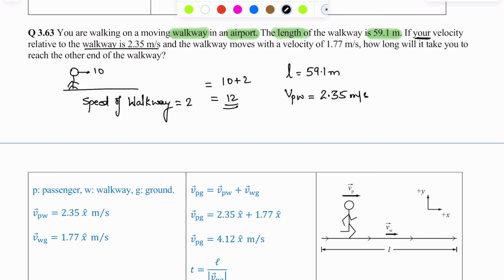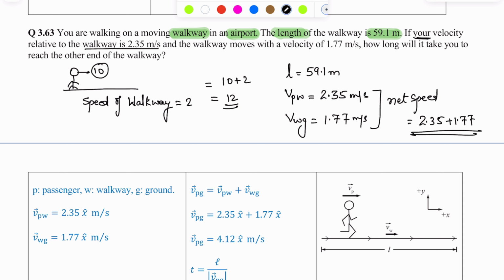This is the person's speed. The walkway speed with respect to ground is 1.77. What is the net or total speed? Add them: 2.35 plus 1.77, which gives 4.12 x cap meters per second, because this is all along the x-axis.